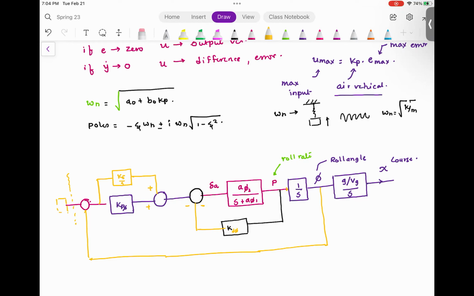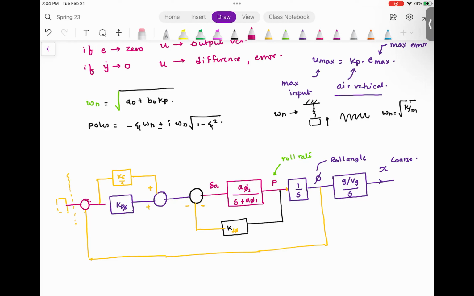So in this lateral dynamics, I'm trying to control the course angle of the aircraft. If wind is completely zero, that means the aircraft is flying indoors with no wind, then the course angle is equal to the yaw angle. But if there is wind present, the aircraft is yawing in this direction, but it would not follow that yaw direction. It will go a little bit offset.